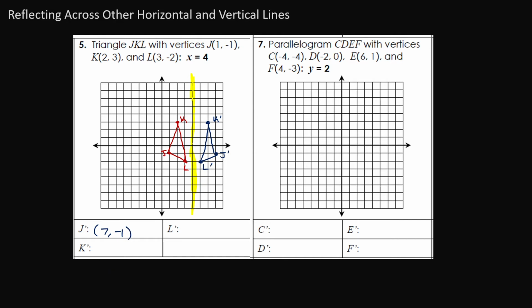K prime is at (6, 3). And L prime is at (5, -2). I'd like you to practice 6, 7, and 8 to reflect across other vertical and horizontal lines.